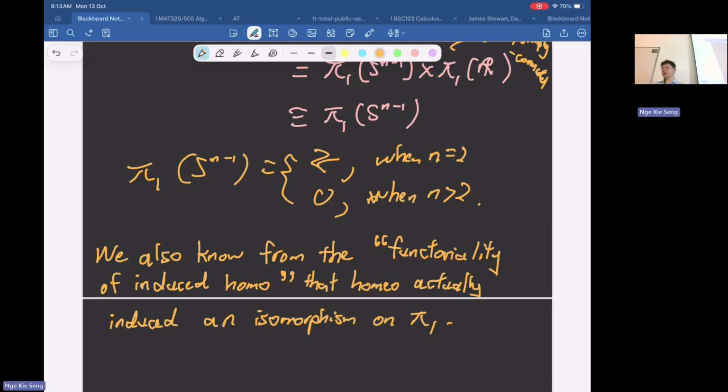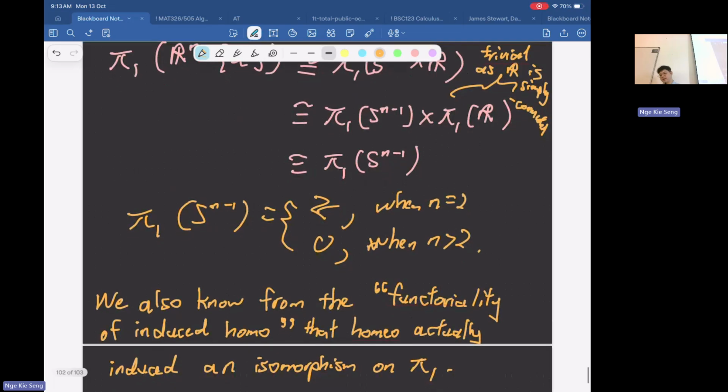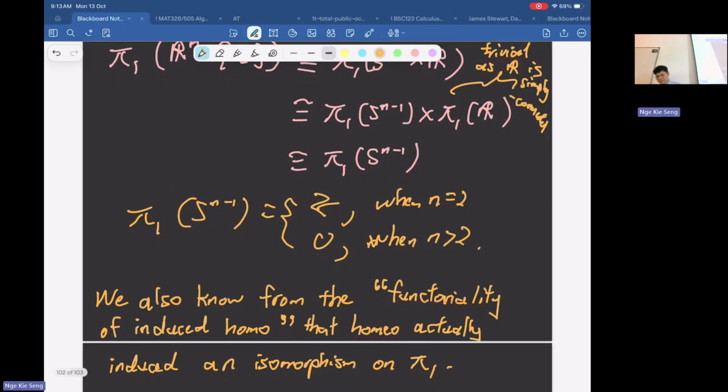So if you have n greater than 2, you get 0, so Z cannot be isomorphic to 0. Okay, makes sense? Question? Okay or not? So one group is big, one group is trivial, so they cannot be isomorphic.